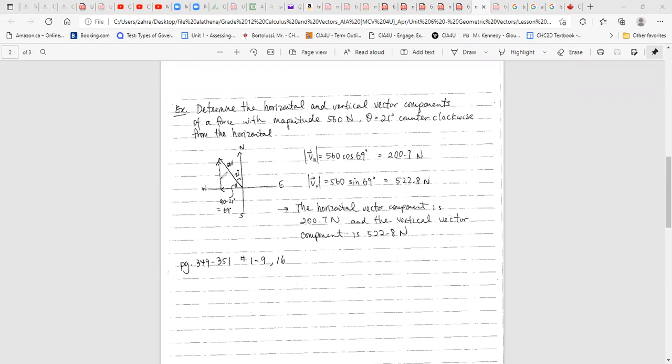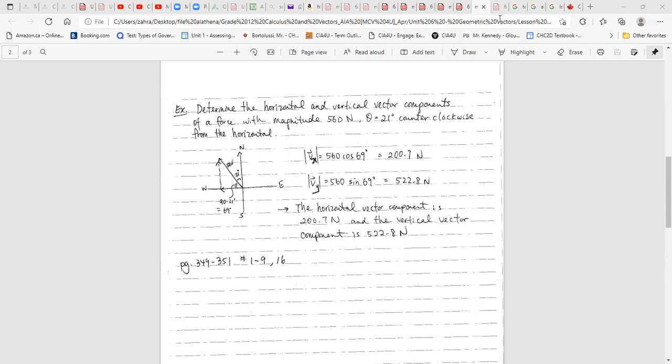The y component is opposite, and opposite means sine, so the y component is 560 sine 69. Adjacent is going to be cosine, so the x component is 560 cosine of 69. That would be the x and y components.